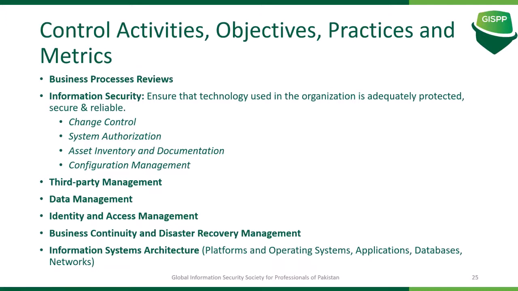Actually, this slide is a whole topic that cannot be discussed in a short presentation, because it is a big chapter to cover. Now, when we are implementing the controls and talking about metrics, we are talking about business process reviews.